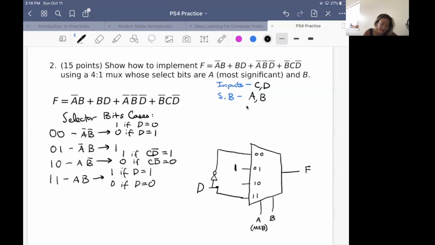So I know basically that at mux input number 2, this is just equal to the AND of C and not D. And there, your circuit is done.